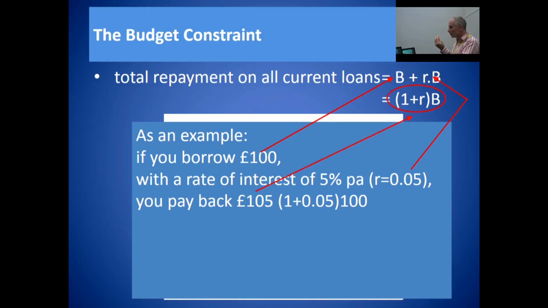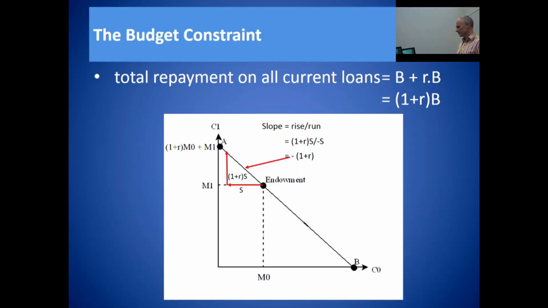That's the initial loan plus the 5% interest. So that is just where that is coming from. That's the total repayment in the future. So if you want to increase consumption in the present by £100 by borrowing money, in the future you need to reduce consumption by £105. That's all that we're saying.